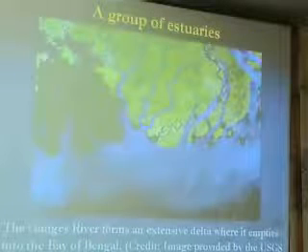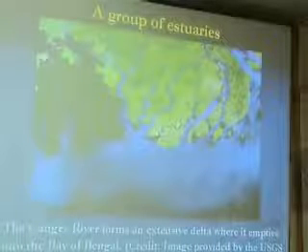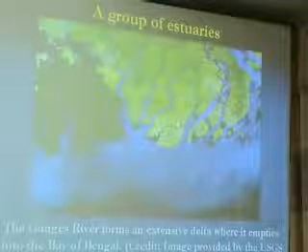This is a group of estuaries for the Ganges River in India. The Ganges River empties its water into the Bay of Bengal in the Indian Ocean.